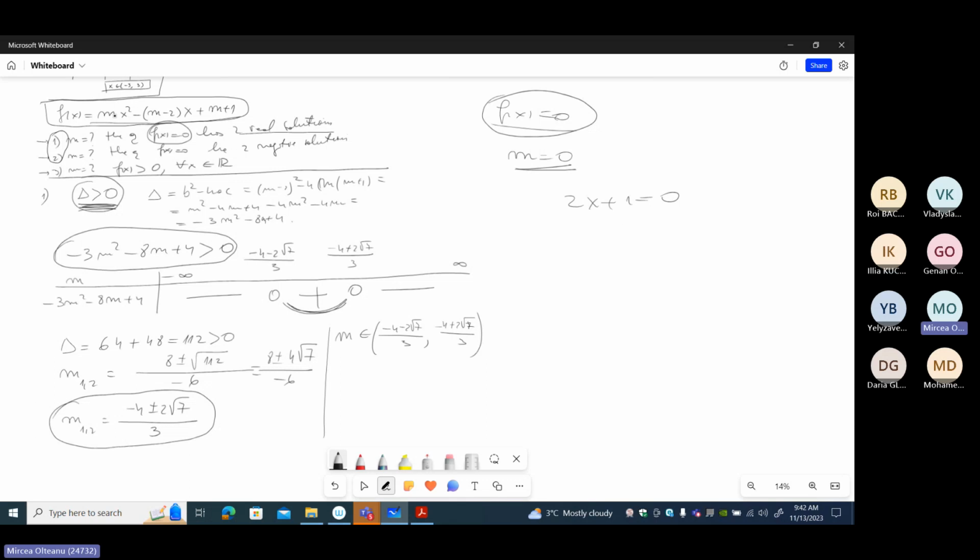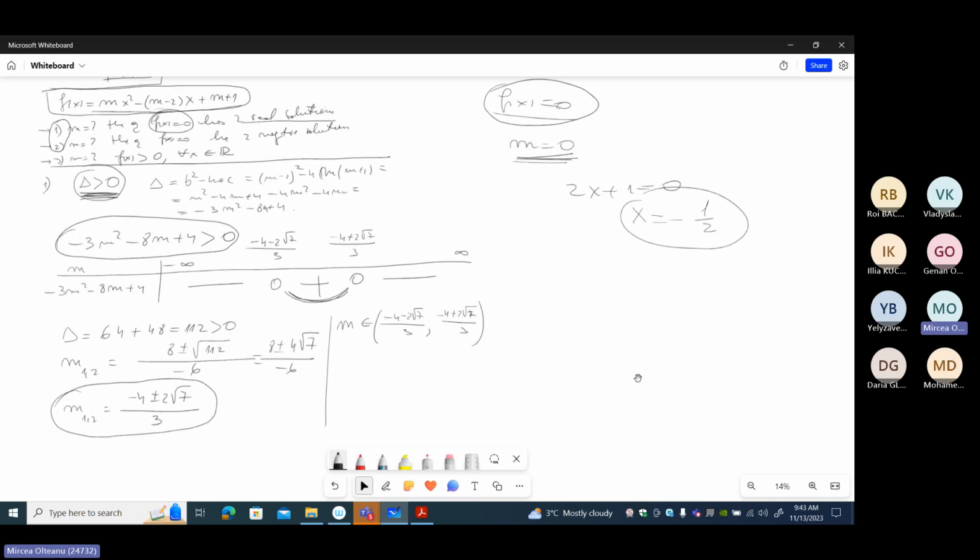This is an equation of the first degree, which has one single solution, minus 1 over 2. So when m equals 0, does our equation have two solutions? The answer is no, it has only one, because it's not a quadratic equation.